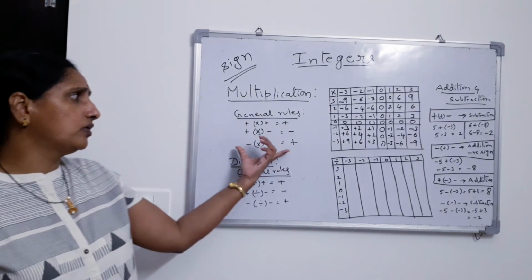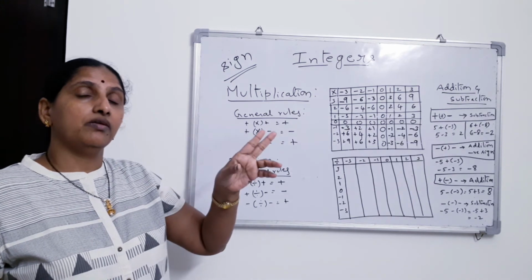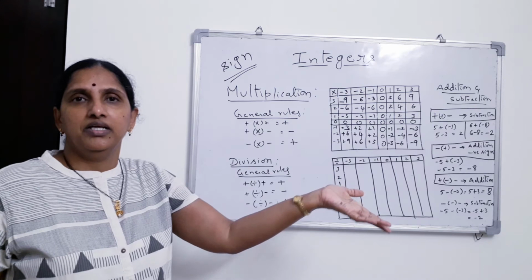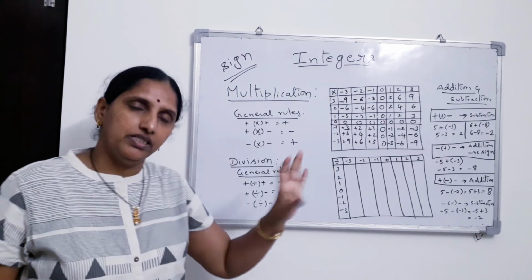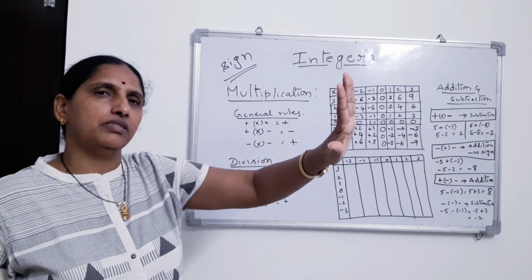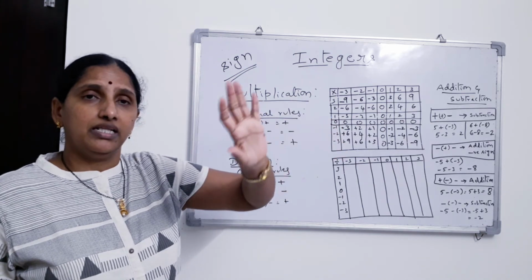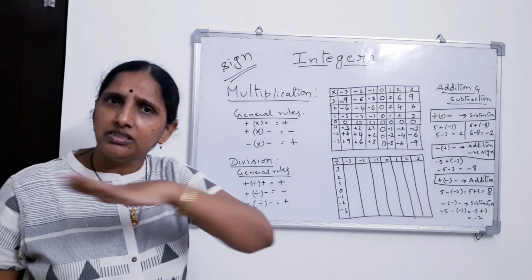You need to remember only this much. And what else do you have to remember? If an even number of negatives are there, the product is always positive. If an odd number of negatives are there, the product is always negative. Don't keep on sitting and, suppose 5 numbers are given, minus 5, minus 3, minus 2, minus 1, like that, don't just see minus into minus, minus into minus, not necessary.